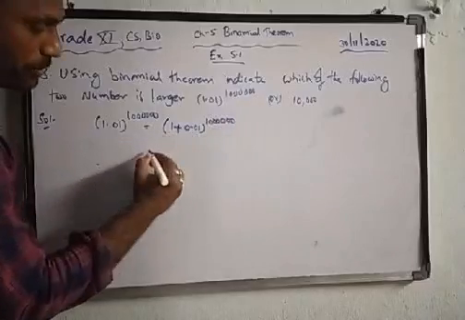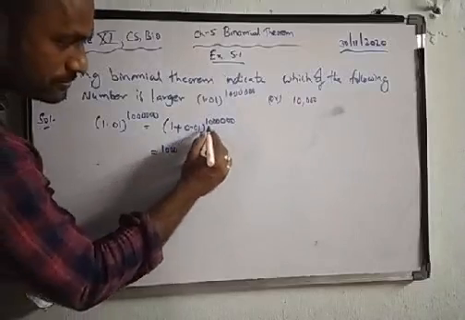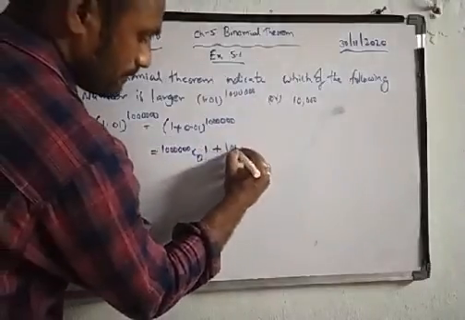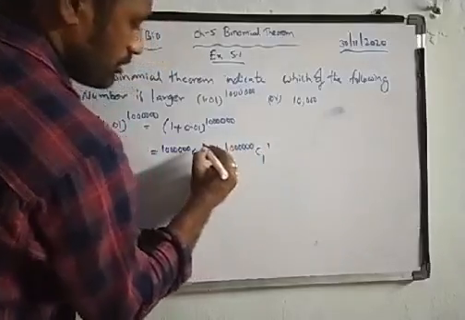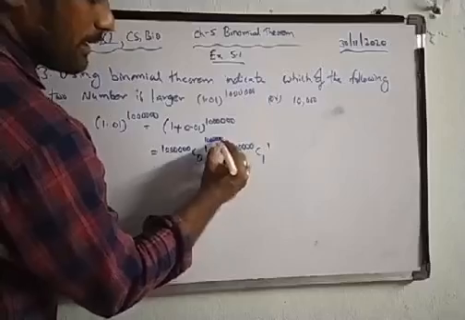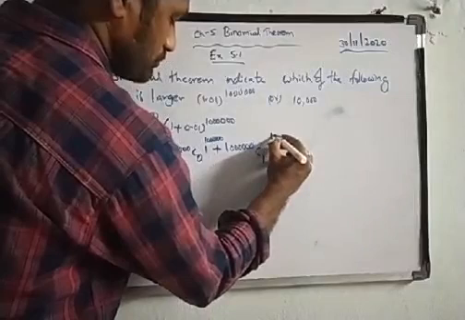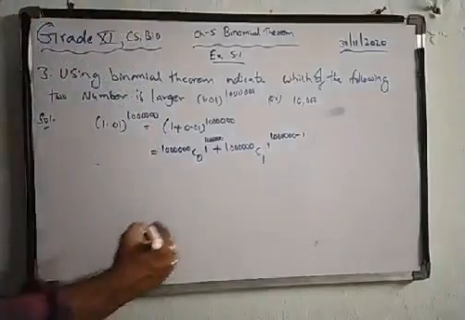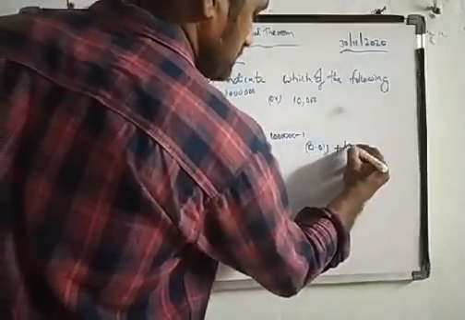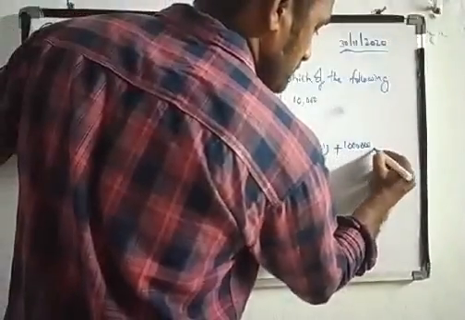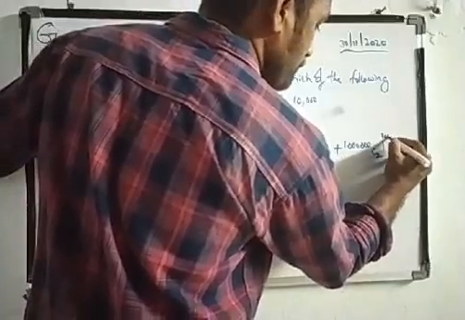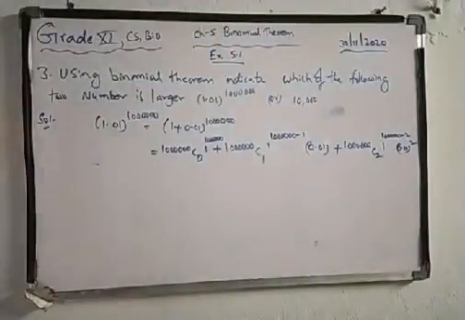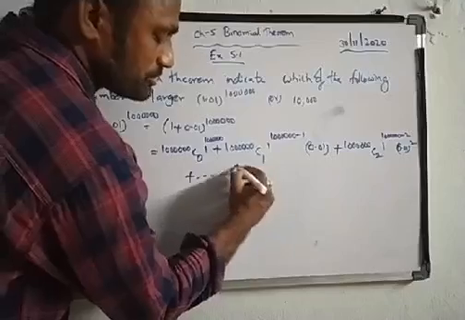Let us expand. This is (a plus b) whole to the power of n, which is C0 times 1 plus C1 times 1 to the power of 10 lakh minus 1 times 0.01 plus C2 times 1 to the power of minus 2 times (0.01) whole to the power of 2, plus so on, some positive terms we can consider.